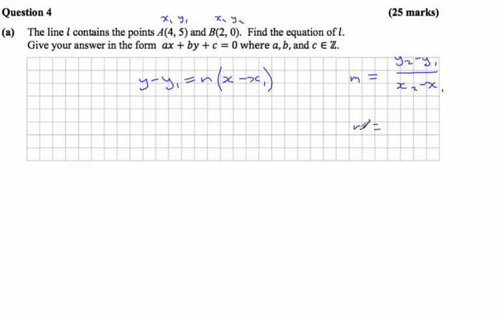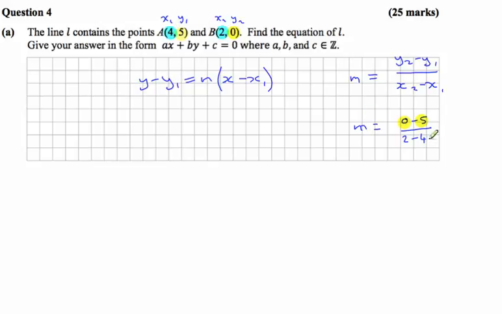So that will give us m as y2 - y1 on top, so that's 0 minus 5 on top. And then underneath we're going to have x2 - x1, which is 2 minus 4.